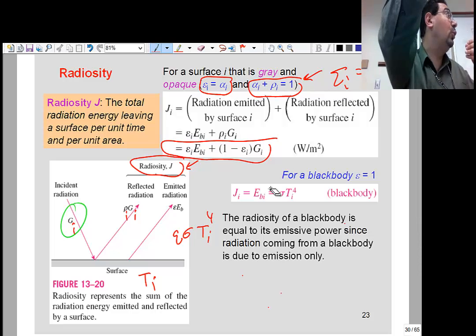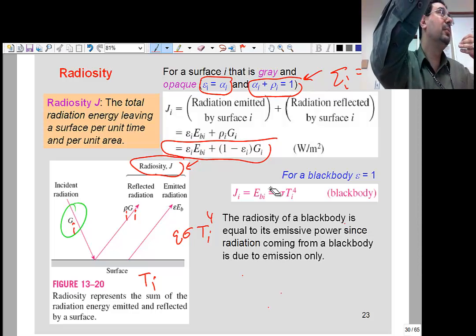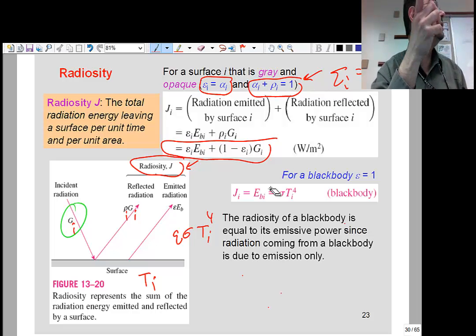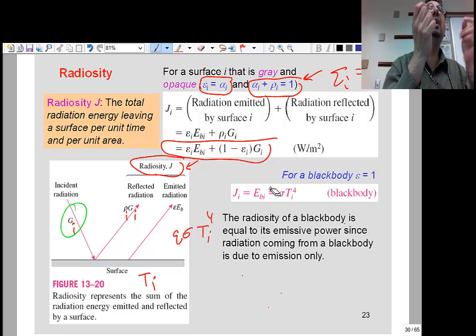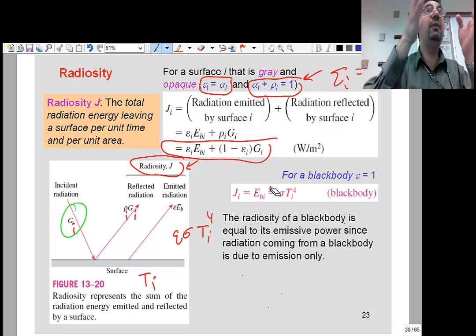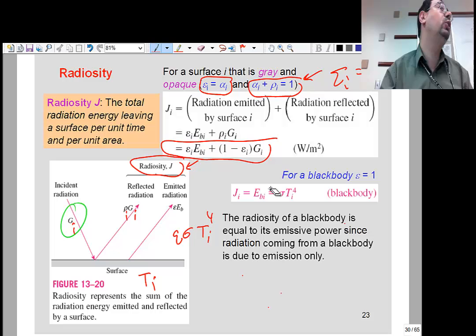Your J leaving you would be much lower than your E b I. That's where the concept comes from that there must be some kind of resistance on the surface, related to that epsilon, that lowers J from E b I. If there is no resistance, J becomes E b I. Your radiation is sigma T to the 4th. Congratulations, you're a black body. But if your epsilon is less than 1, there will be a resistance that's lowering your J.